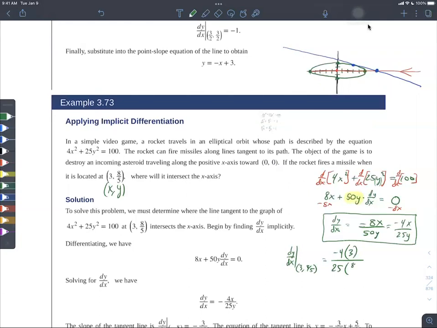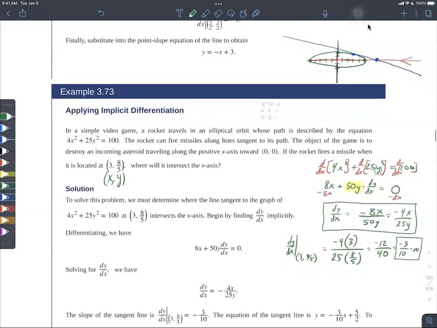Y here is 8/5. And so we simplify. This is negative 12 over 40. 8 times 25 is 200, divided by 5 is 40. We can reduce this by 4. And we get negative 3 over 10. This is the slope of our tangent line.